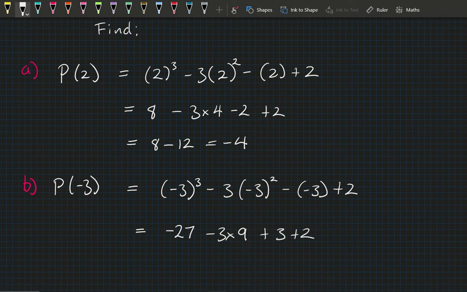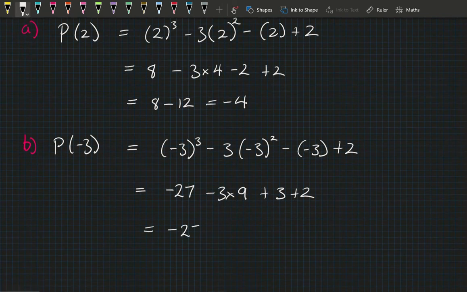So minus 3 times 9 is minus 27, and 3 plus 2 is 5, so we've now got minus 27 minus 27 plus 5, and minus 27 times 2 is minus 54, so we've got minus 54 plus 5, which is minus 49. And we're done. So that's how easy it is to evaluate a polynomial. You just sub in the value we're asking for in the place of x throughout the polynomial.